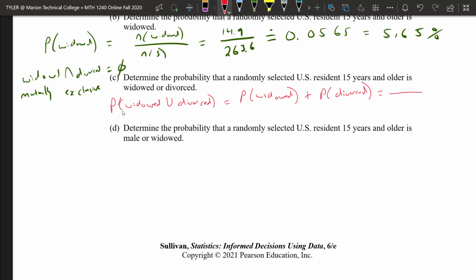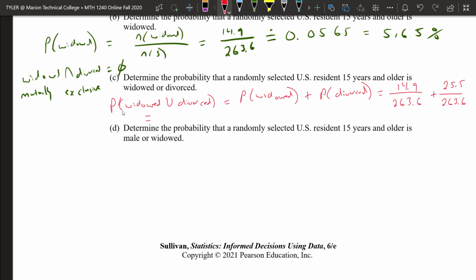We would have to take the total number of people that were widowed, which was the 14.9 we just found above, and divide that by 263.6, and then the total number of people divorced is 25.5, so that's going to go on the top, divided by 263.6 people total.